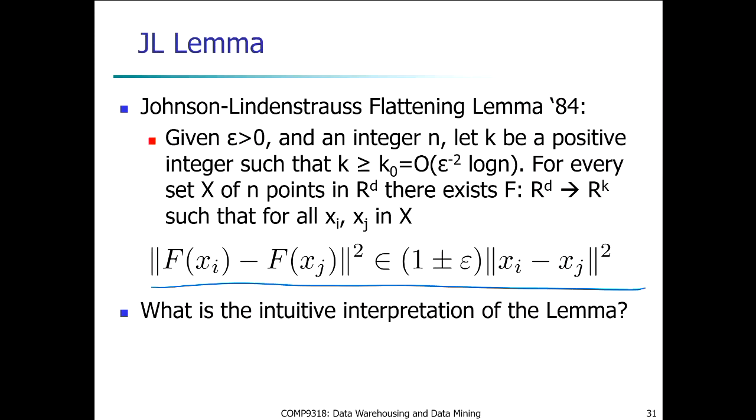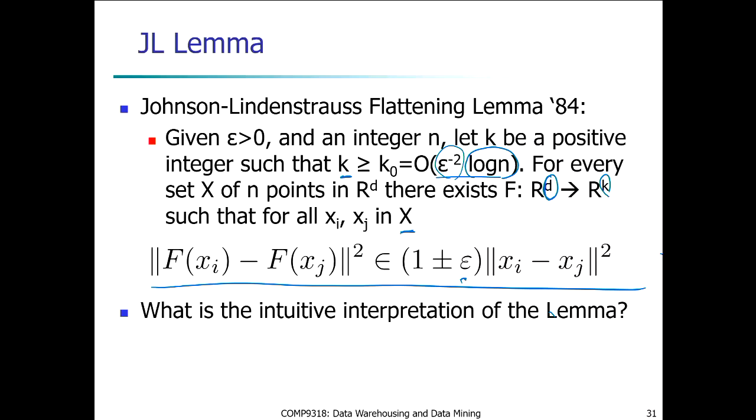If you have a data set X in a high dimensional space, D-dimensional space, I can always reduce it into a smaller K-dimensional space where K is on the order of log n, and this epsilon is the quality, how much error you allow. But roughly it's big O of log n.